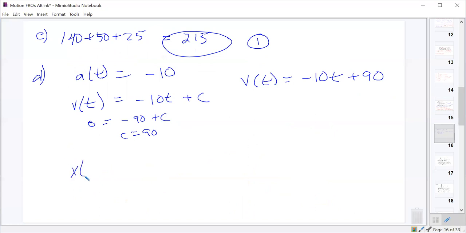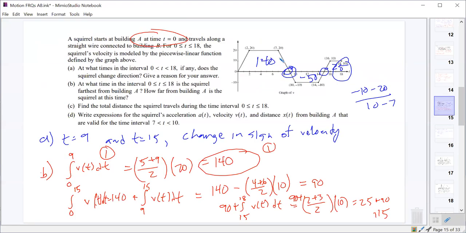And then to find the position at any time between 7 and 10, we would need to have the position at 7. Right? So the position at 7 was what? Did we get that value? We didn't have that value. What's the position at 7? Should be 5 plus 7 is 12 over 2 times the height of 20. So 120 is the position.